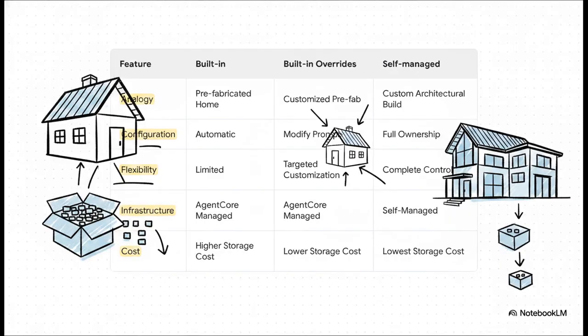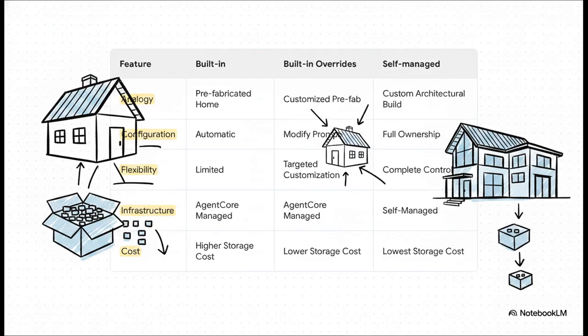And this slide lays out those choices perfectly, using a fantastic analogy, building a house. So all the way on the left, you've got the built-in strategy. Think of this like buying a prefabricated home. It's all set up for you automatically. The catch? You've got limited flexibility, and it comes with higher storage costs. Now, in the middle, we've got built-in overrides.